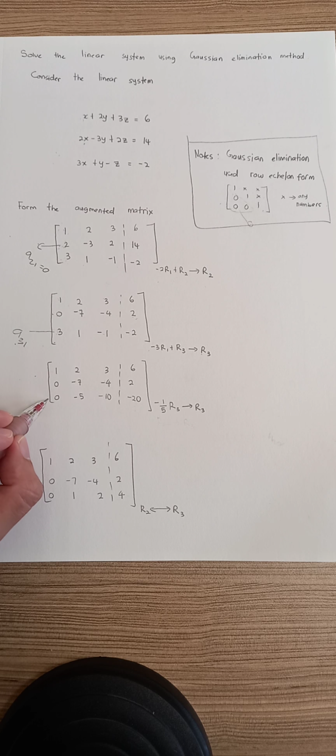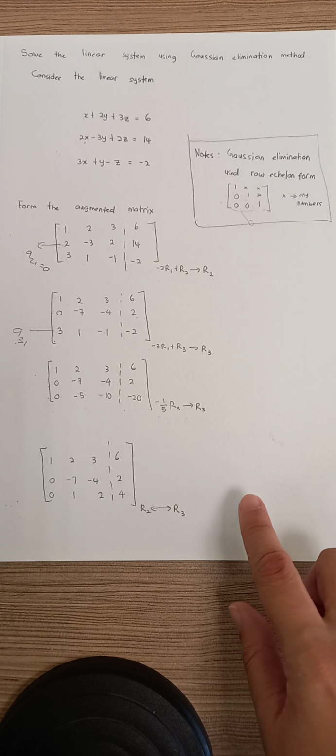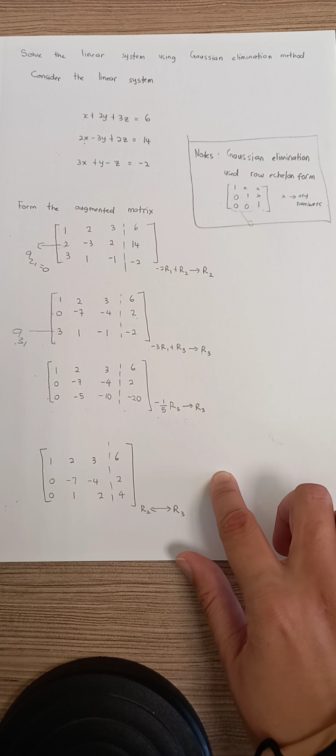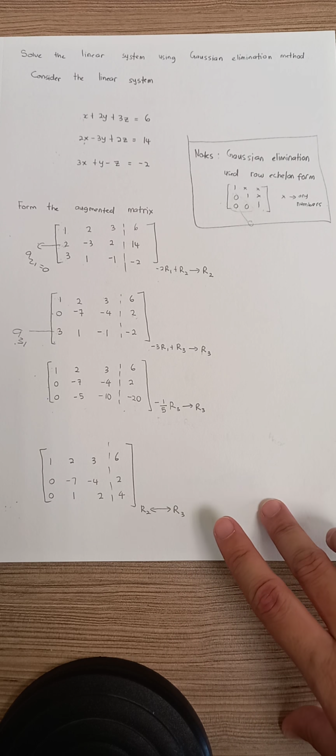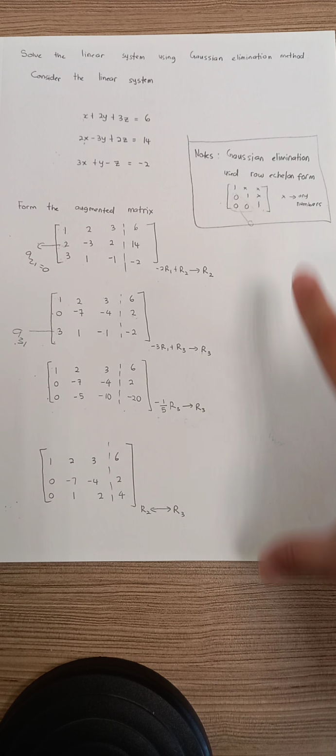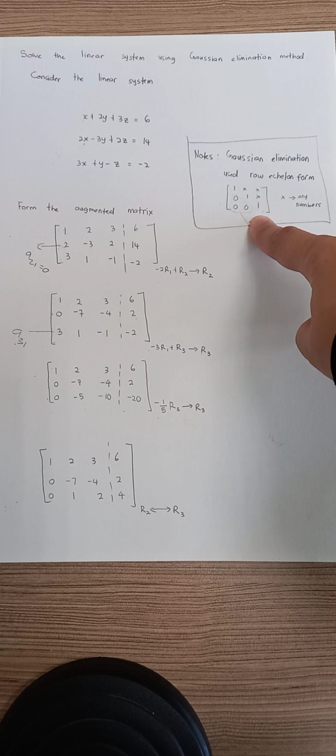See, the third row has changed, but the first and the second rows stay the same. I have taught you this in chapter 1, so see my notes and try to do it by yourself. Try to understand.